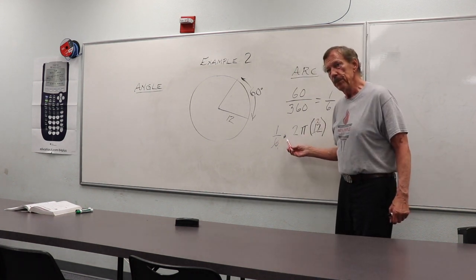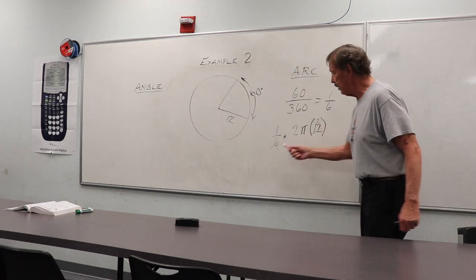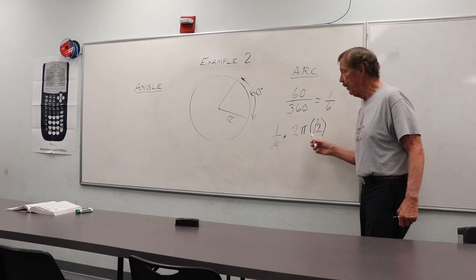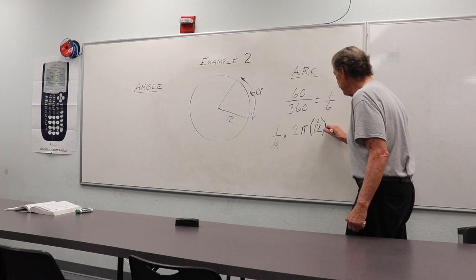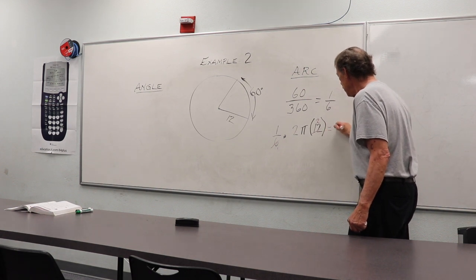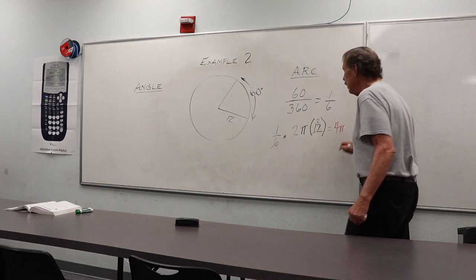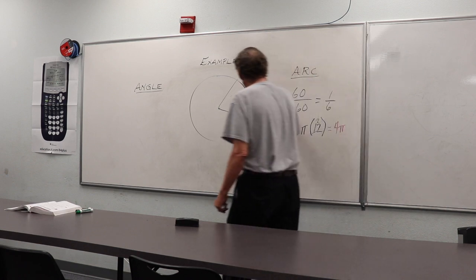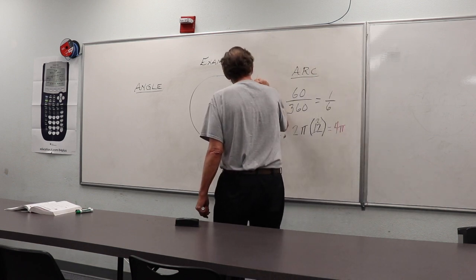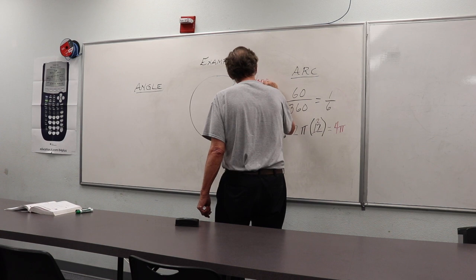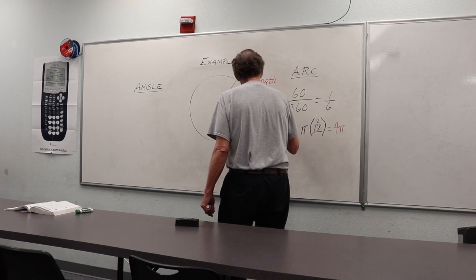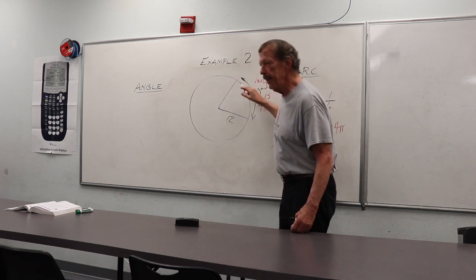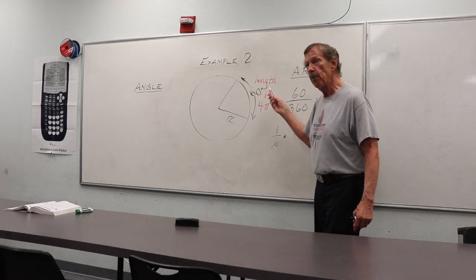In this example, the 6 goes into the 12 twice, and that gives us 4 pi. So the length of this arc is 4 pi.